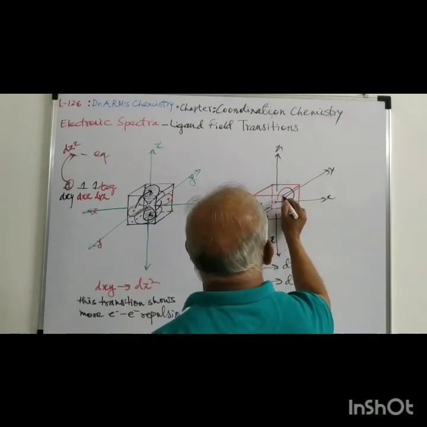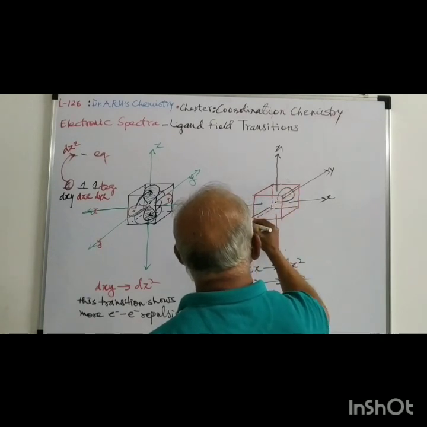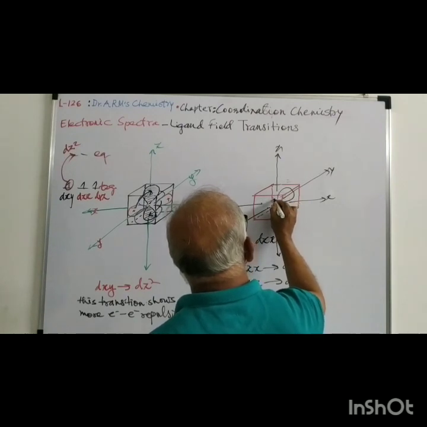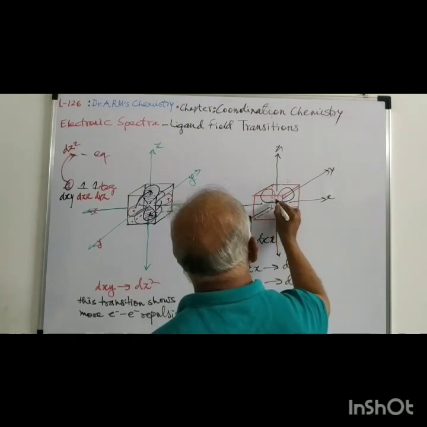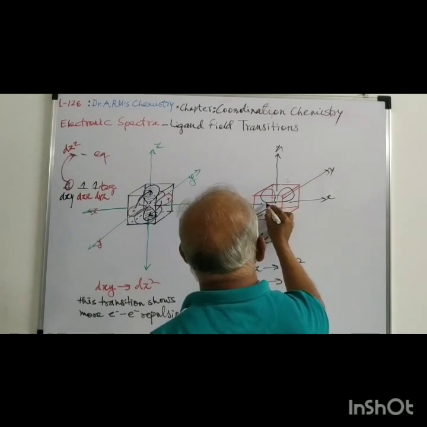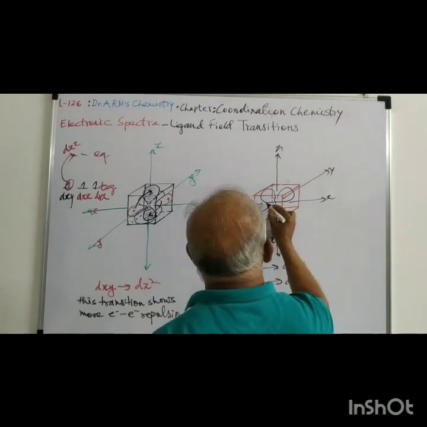So this is dzx. Similarly, dzx is also lying here, like this. The lobe is like this. Then another lobe has a structure like this.